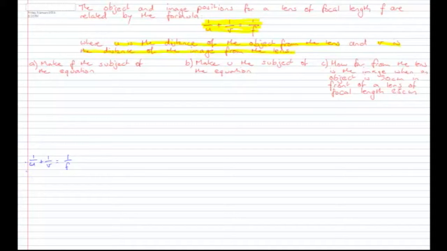The next point is u is equal to distance of object from lens, and v is distance of image from lens. And f is the focal length, which I forgot to highlight up here.